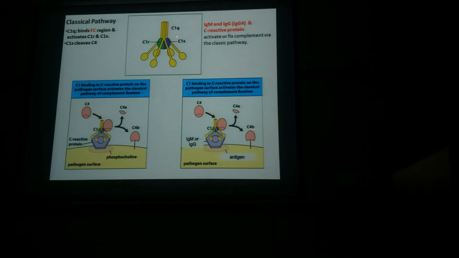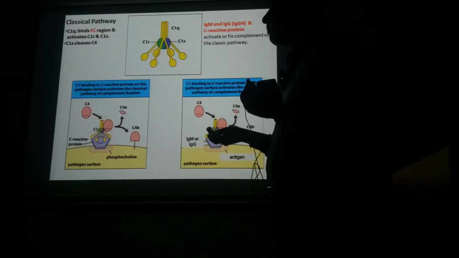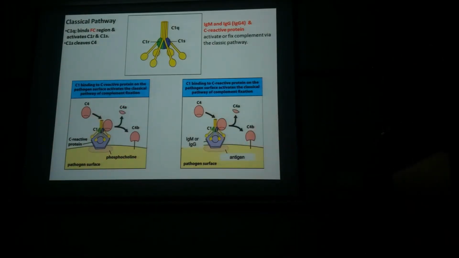So C1Q first binds with this assembly, activating C1R, and C1R then activates C1S, and the C1S then cleaves the complement number 4 into 4A and 4B. And similarly, as it happened in the previous lectin pathway, C4B is the heavier part. It is heavy, so it falls down on the ground.